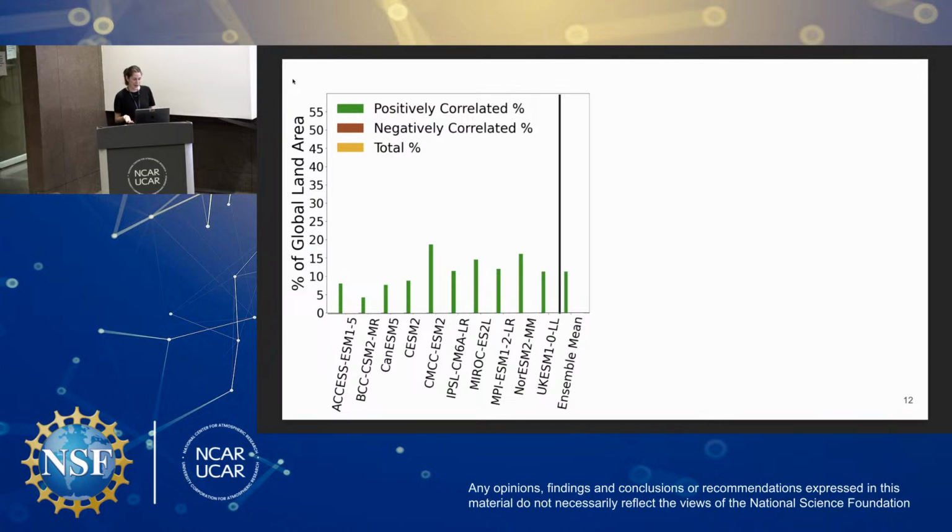Not a huge spread, maybe coming out to about 12% of global land area experiencing this enhancement. Adding in the negative correlations there, it's a bit split whether that outweighs the positive in terms of land area or not.